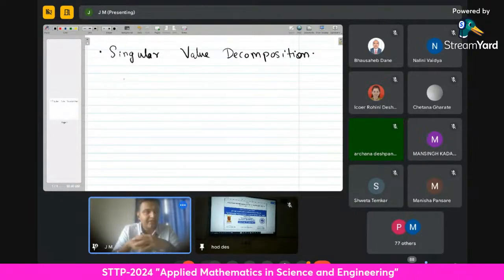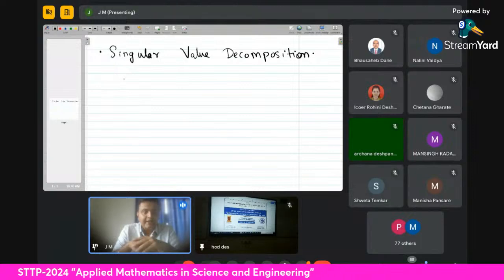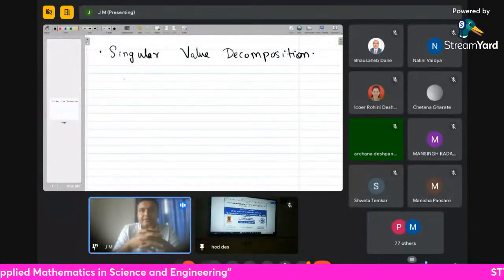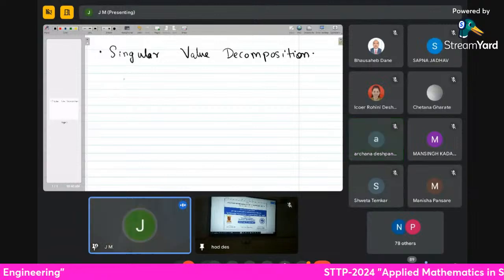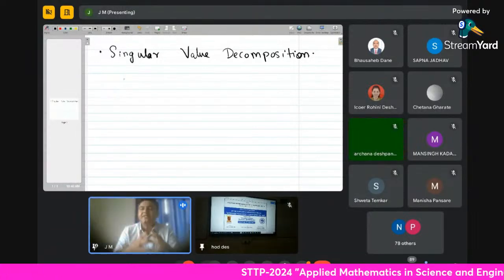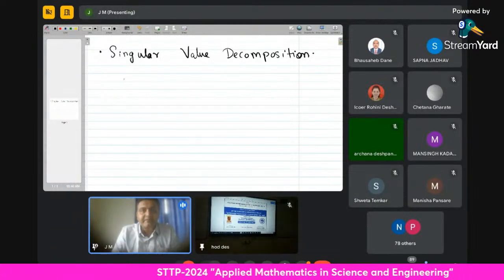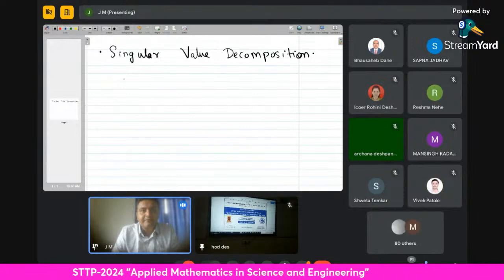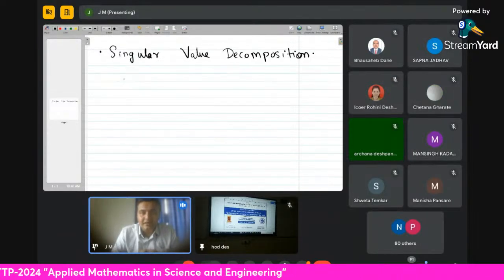Whenever you want to transfer something, it is converted into numbers, and the best way to represent numbers is in the form of a matrix. That's why matrices play a very important role in today's world.